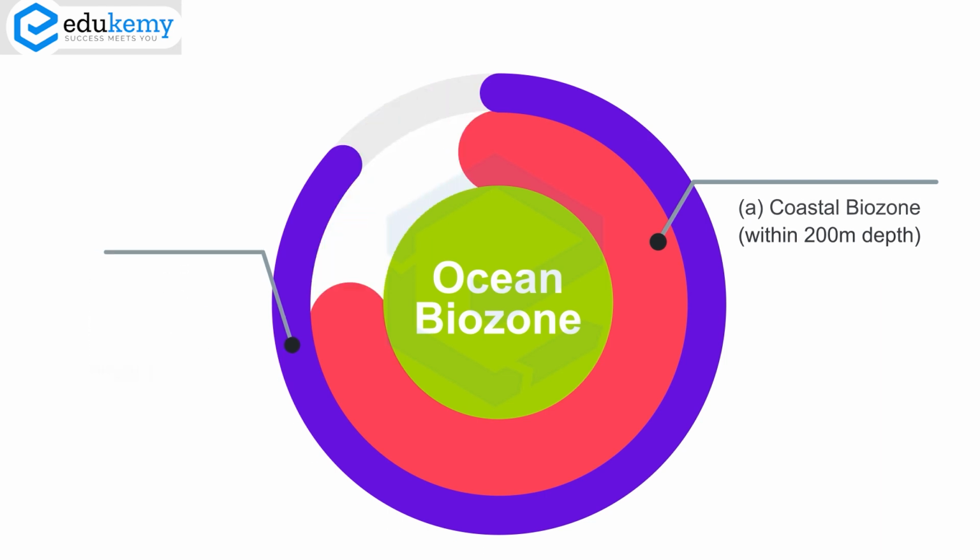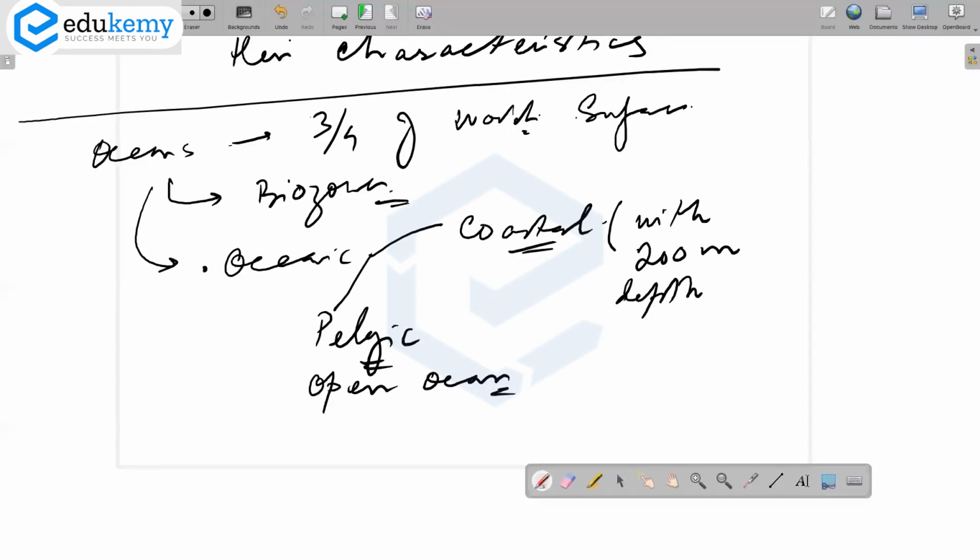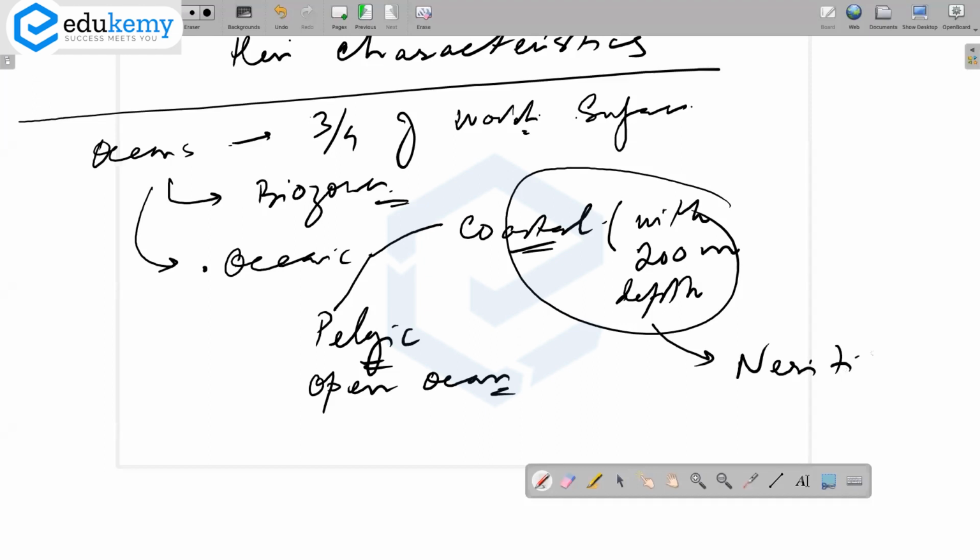The coastal biozones are also called the neritic province.